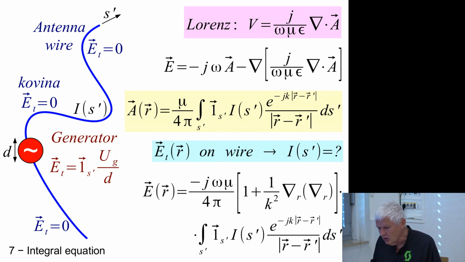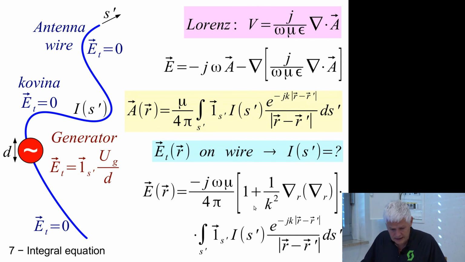We have no closed form solution for integral equations. There are no closed form solutions except, as I said, for the sinusoidal approximation for very thin wires. But that's not what we would really like to do here.